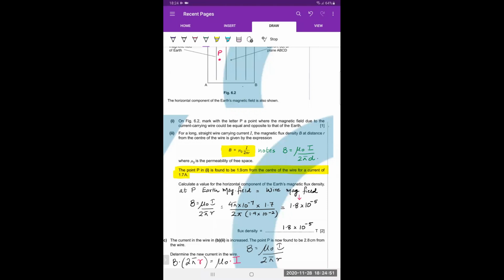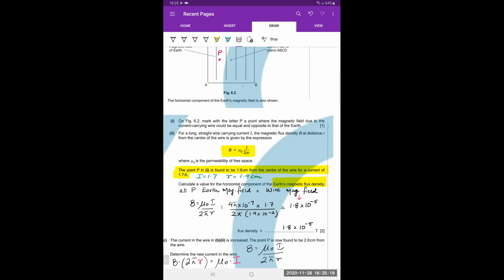So for a value of current 1.7, this point is located at a distance of 1.9. And the question is asking us to calculate a value for the Earth's magnetic field. So based on these details, you are expected to calculate a value for the Earth's magnetic field.